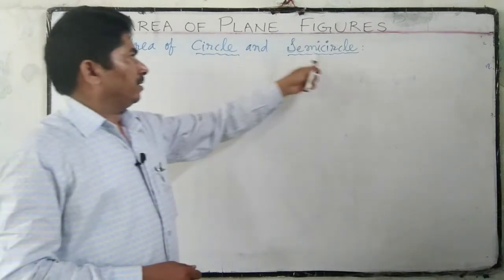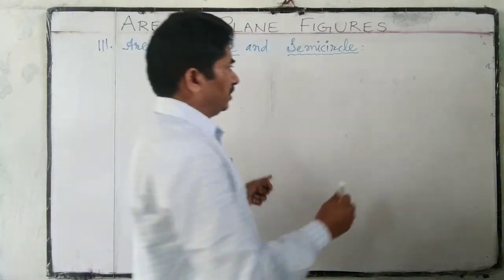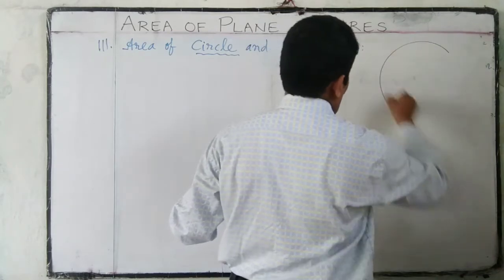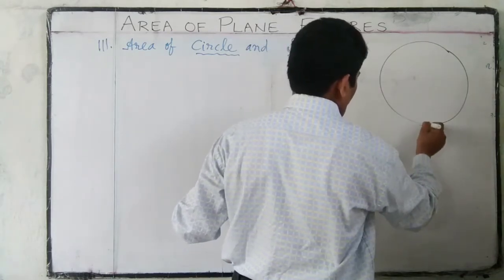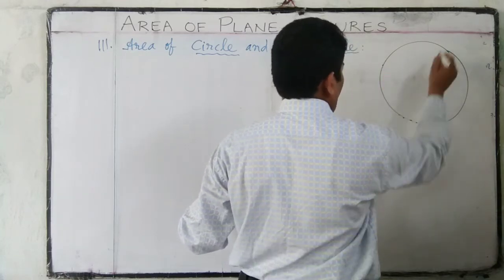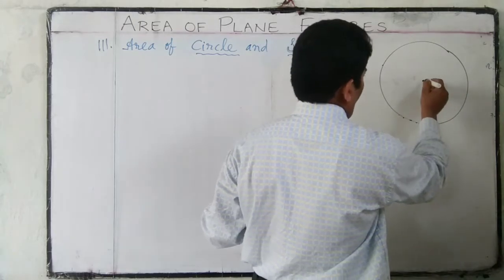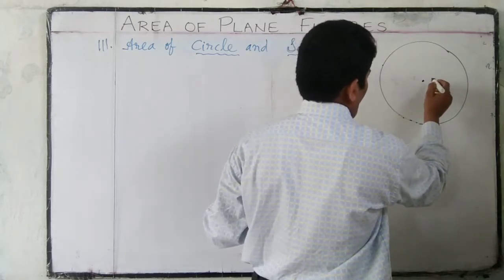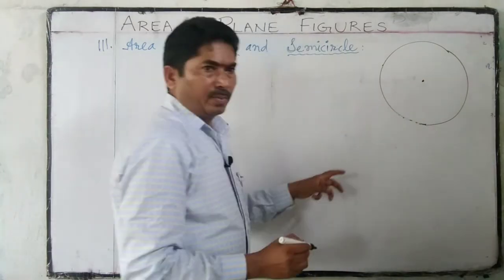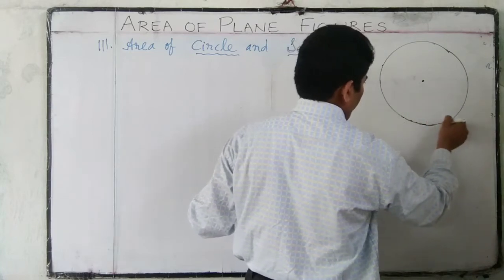Area of circle and semicircle. To understand this, let us draw figures. This is a circle. This is the center.